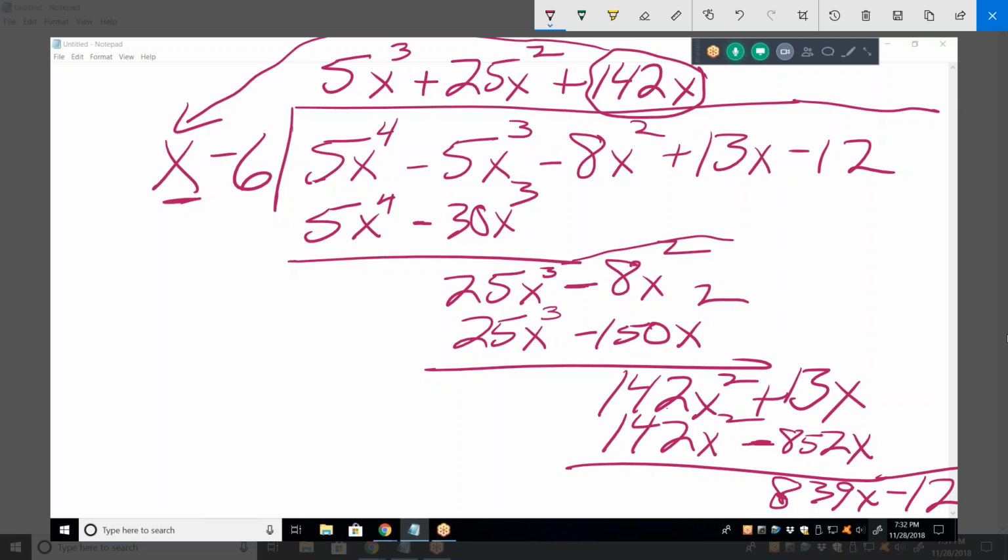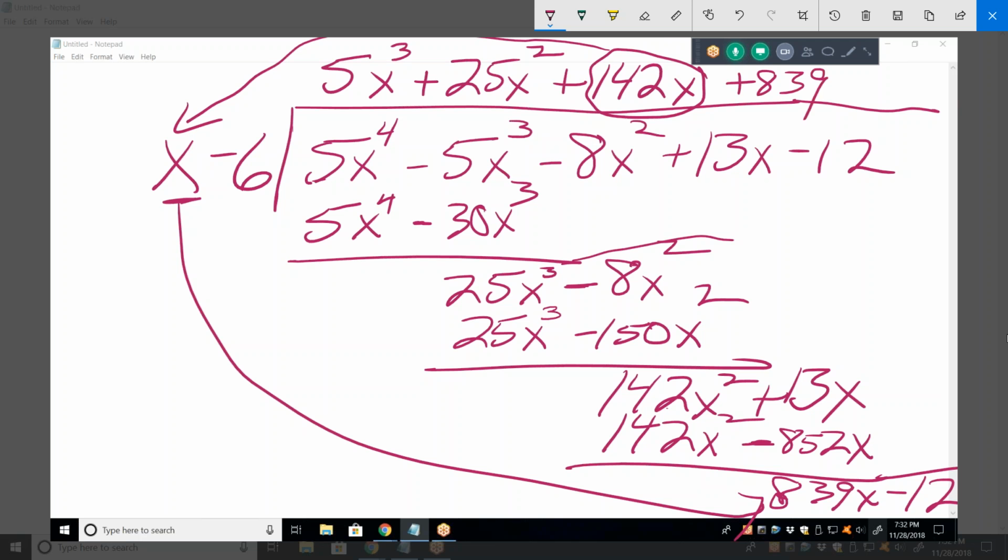Then divide. It's always dividing as the first step. Whenever you have a new row, the very first step is you're dividing that into that. So then it would be plus 839.